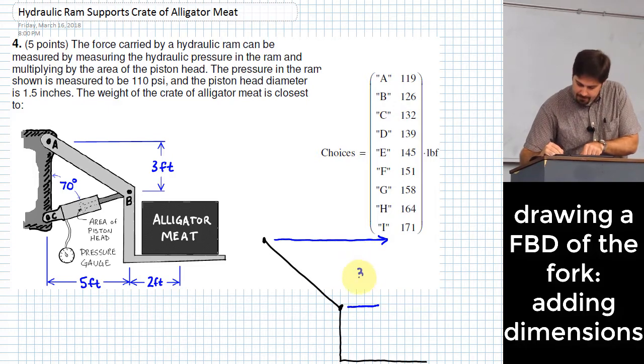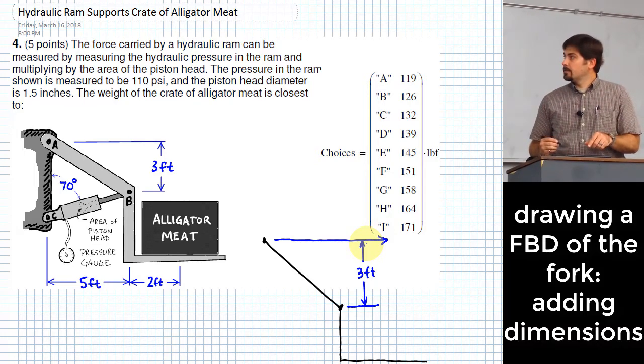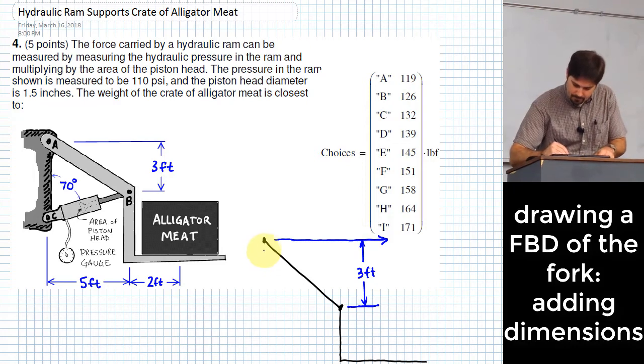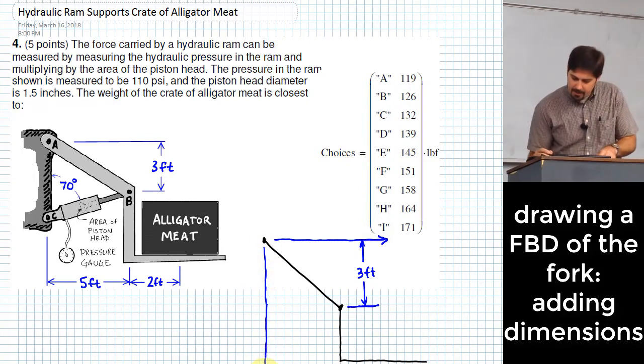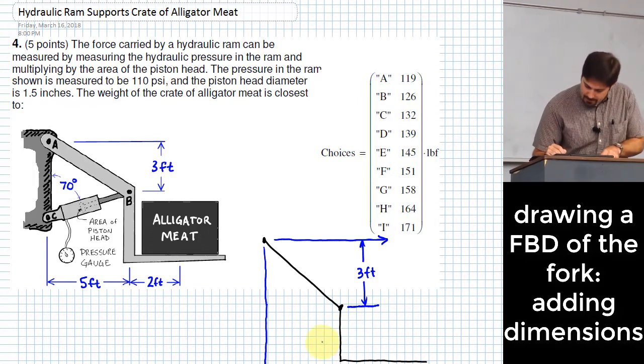That's 3 feet. So we copy that over. What else you think? Okay, maybe relative to this right here, how far is it horizontally over to this location? So that looks like it's 5 feet on there.